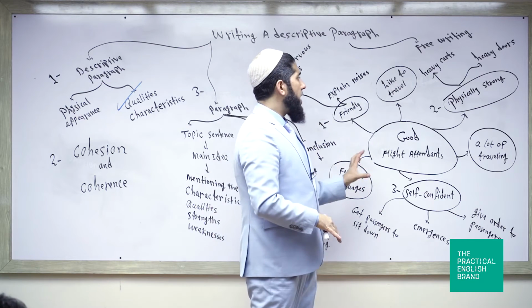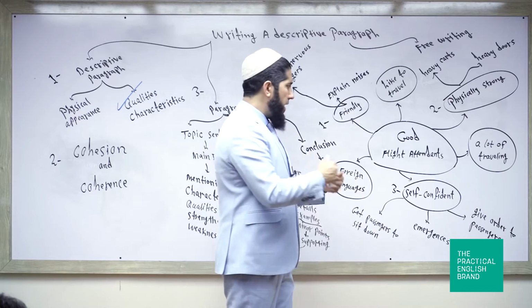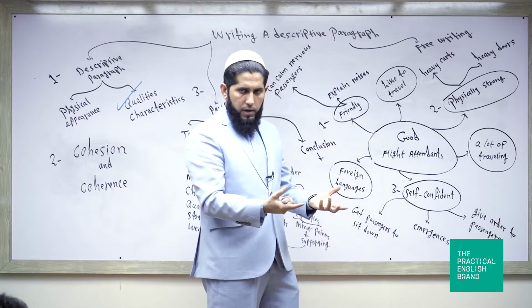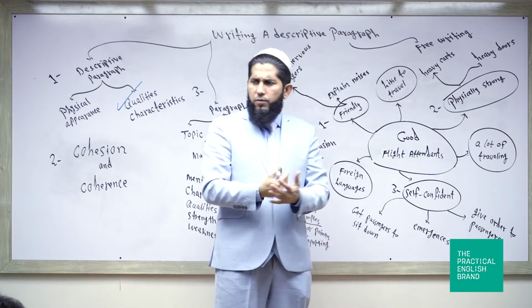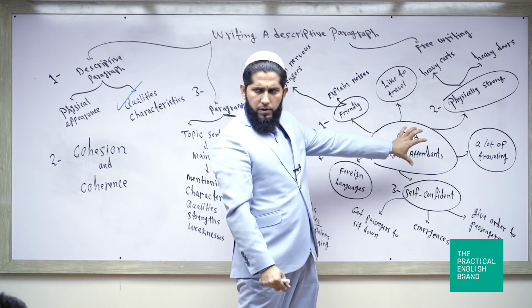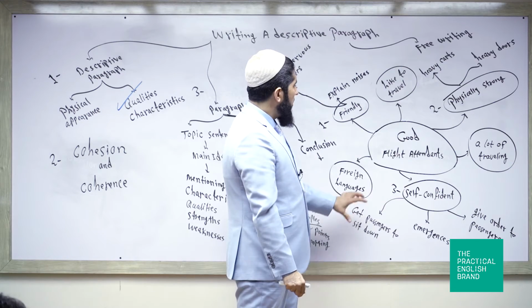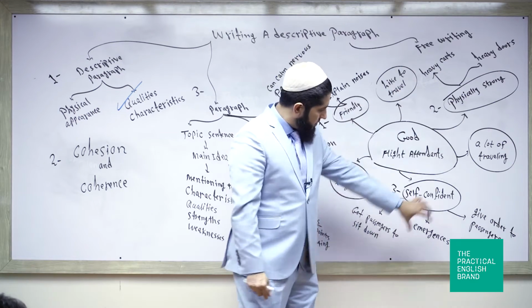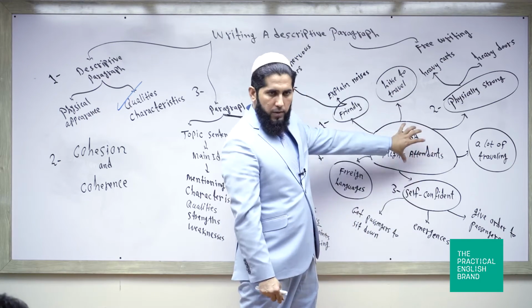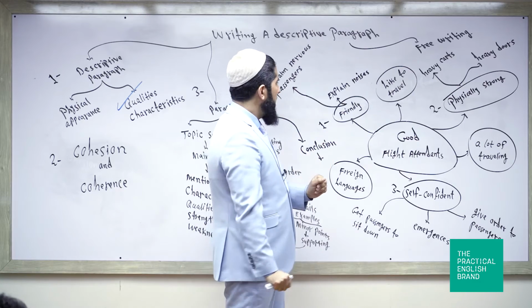So now, the author, the writer of this paragraph, is thinking about different ideas related to this topic, good flight attendants. And now, he or she writes all of these ideas around this topic on a piece of paper.